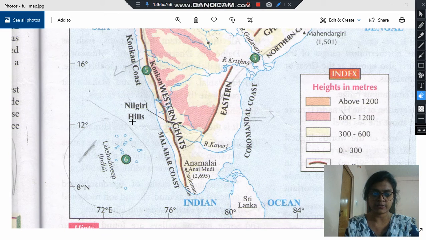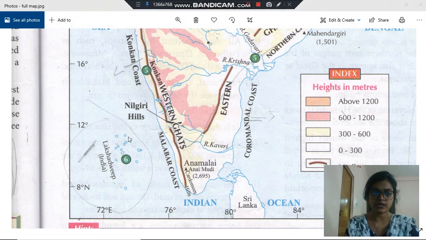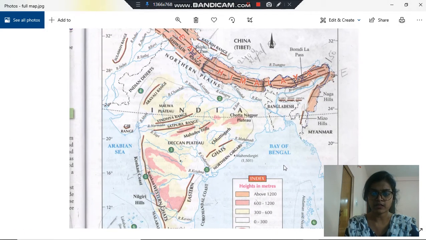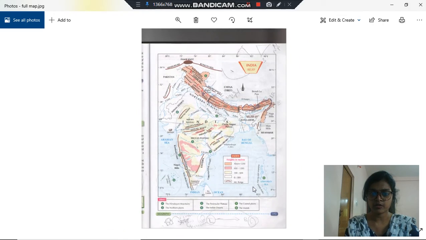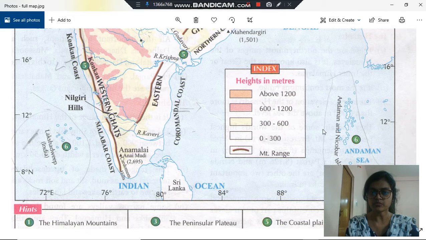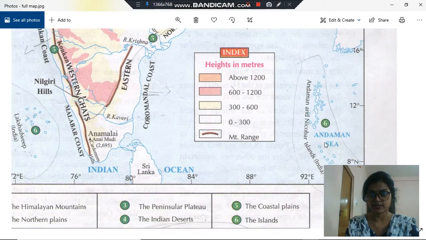and it is in the Arabian Sea. The Lakshadweep Island is in the Arabian Sea. You can see it is in the Arabian Sea. Then in the Bay of Bengal we have Andaman and Nicobar Islands. You see here Andaman and Nicobar Islands.